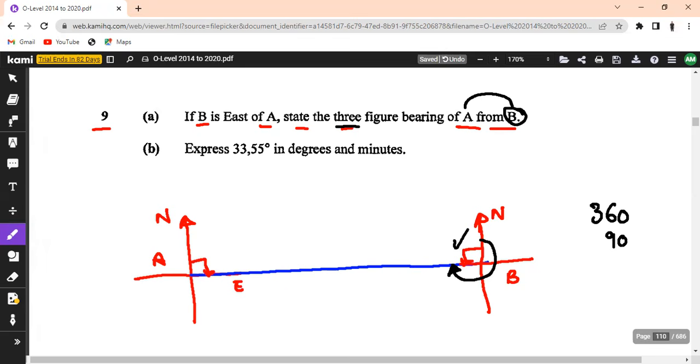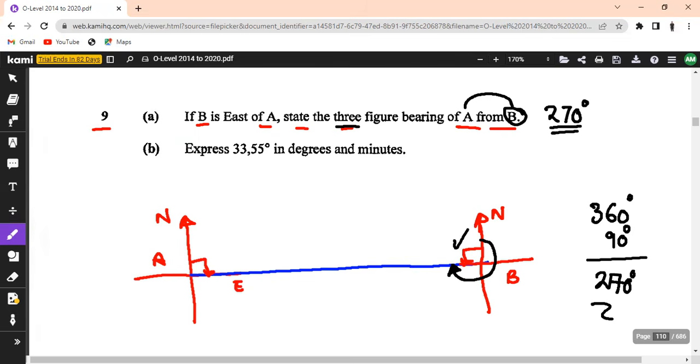So if we remove this 90, we are going to remain with 270 degrees. All right, so that will be our bearing. So the bearing in this case is going to be 270 degrees. That is our 3-figure bearing. All right. That was it from this case. If we are given such type of questions, guys, that's what you are supposed to attempt them.